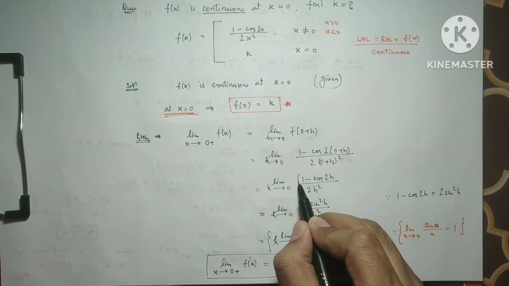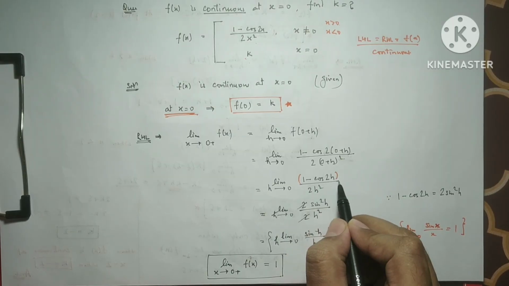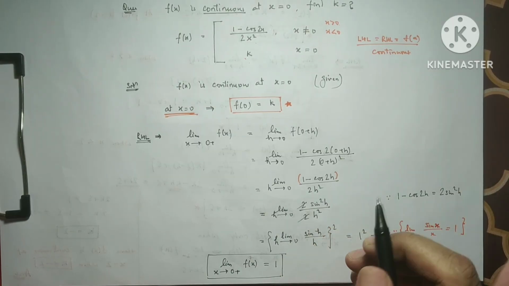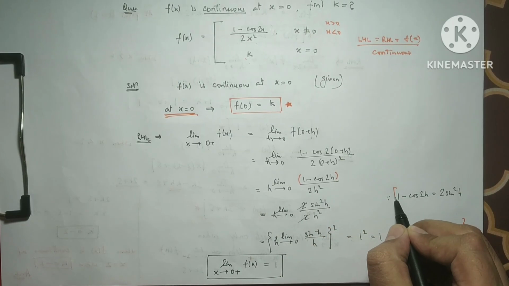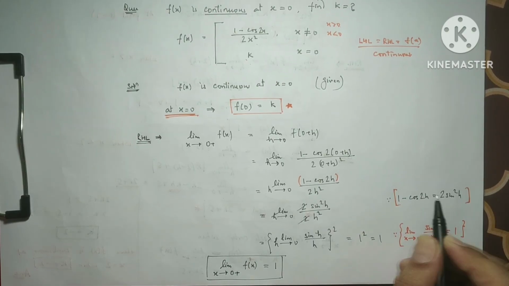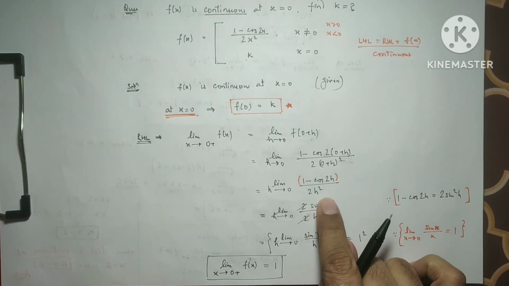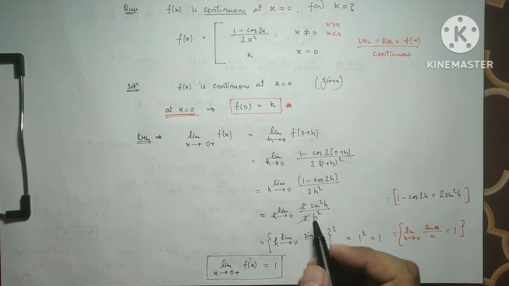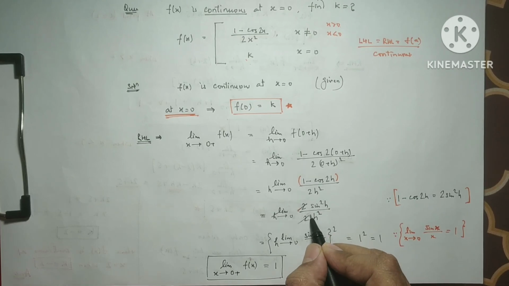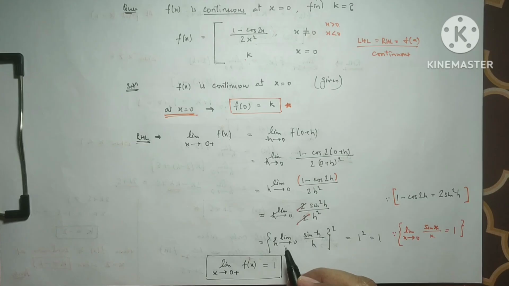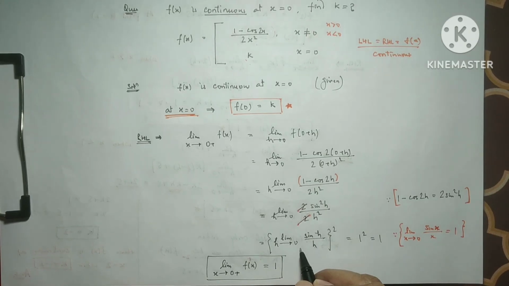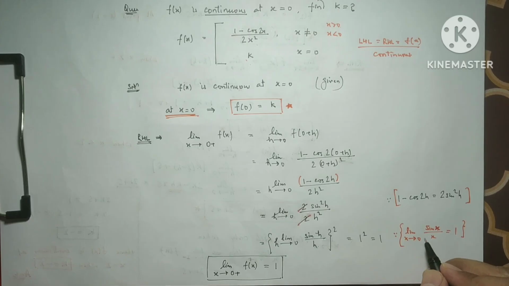And the trigonometric formula for 1 minus cos 2h is 2 sin square h. So 2 sin square h divided by 2h square, cancel out the 2 and 2, we get sin square h over h square. So the limit h tends to 0, of sin h over h whole square, and we know this by limits.